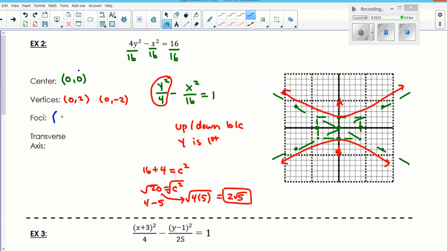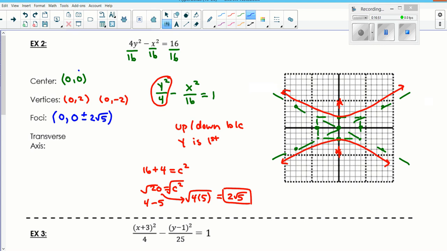So my foci have the same x value, but my y value starts at 0 and then goes up and down, which is why it's plus and minus 2 root 5. You do not need that 0 in there, but I'm okay with you leaving it in, because if it was a number like 1 or -3, then you would need it.